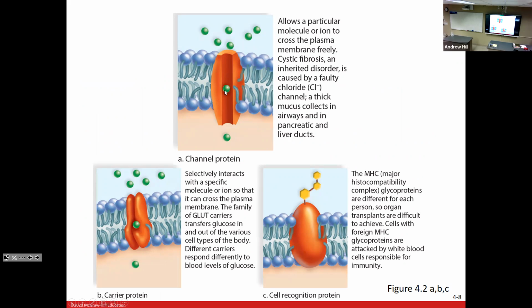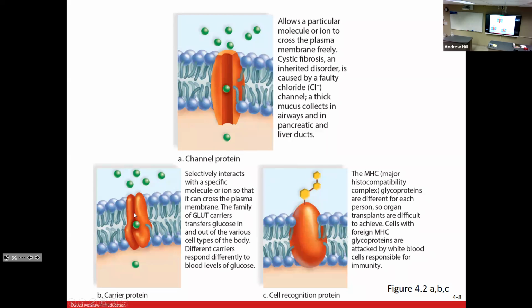In a channel, the molecule, be it water or a sodium ion or potassium ion, never binds to the channel. There are definitely interactions between the ion and the walls of the channel, but it's never really binding. They can move through at a very high rate. For example, with aquaporin channels, the water molecules just pile through very quickly. They're never actually binding.